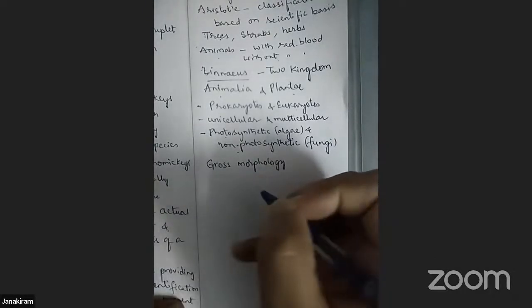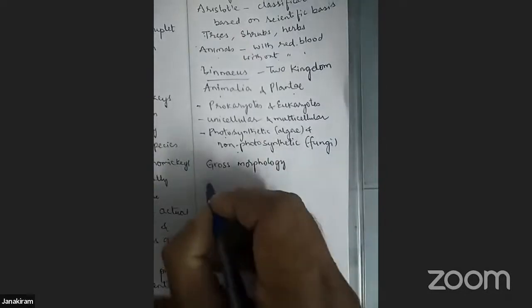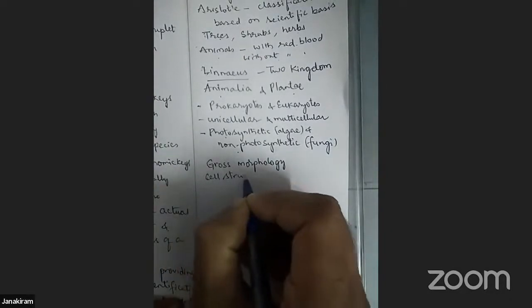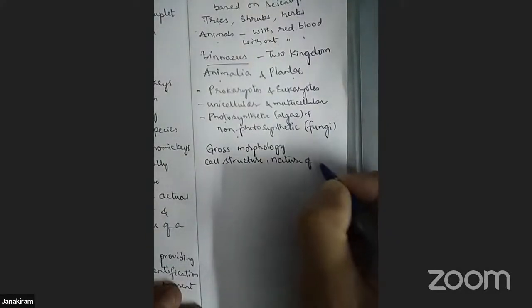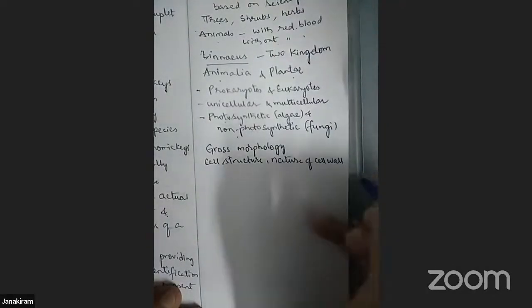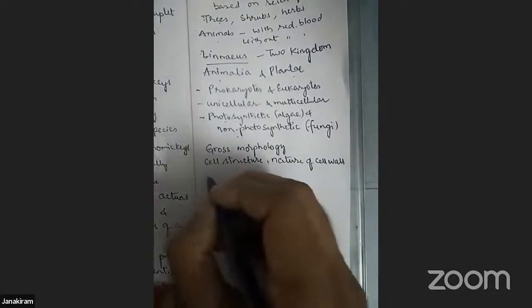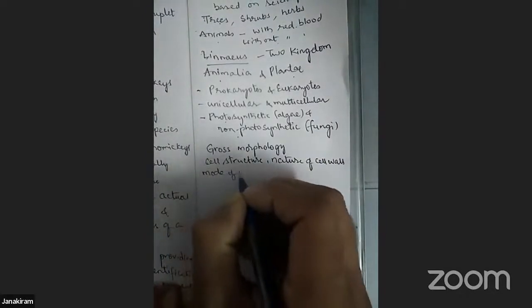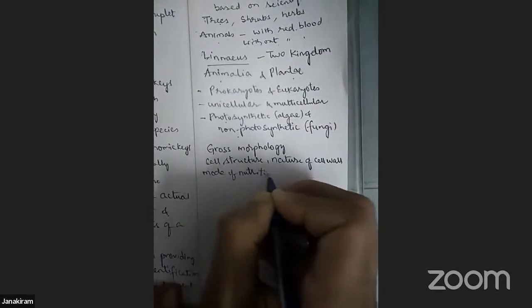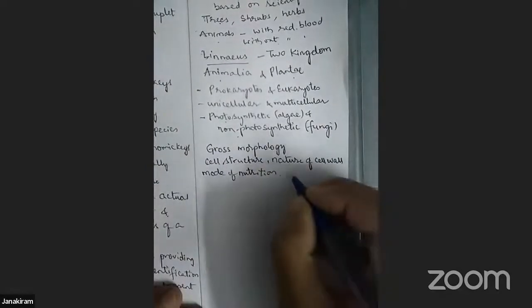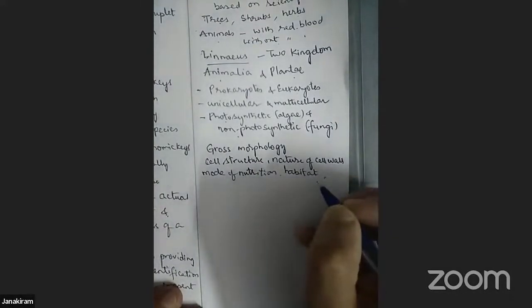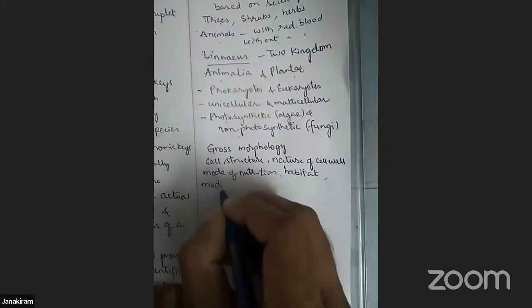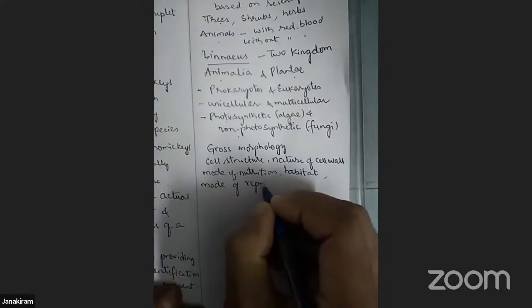That means the complete morphological characters have to be considered along with the cell structure of the organisms, the nature of the cell wall, that is the type of cell wall material present in them, and the mode of nutrition exhibited by those living organisms, along with the habitat, that is the place where they are surviving, and the mode of reproduction, the type of reproduction performed by those living organisms.